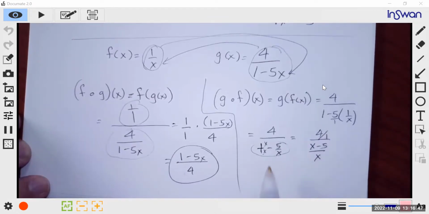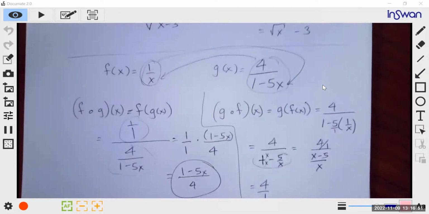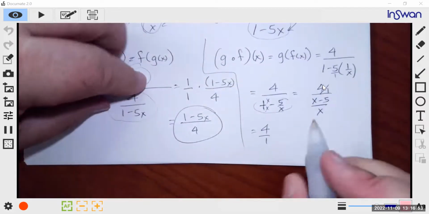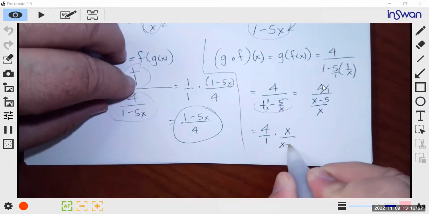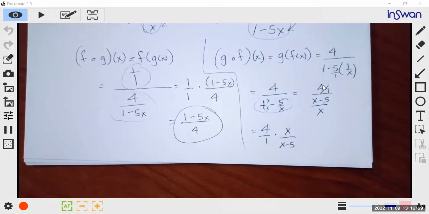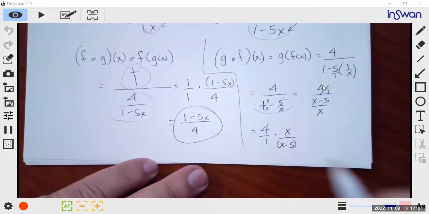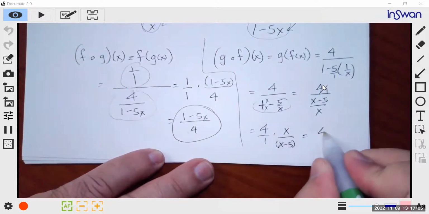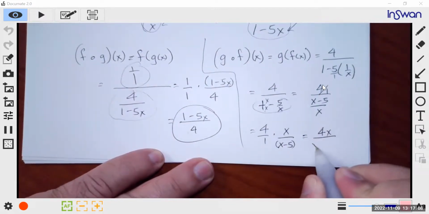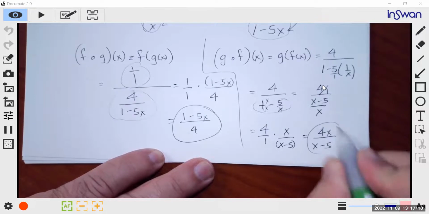4 over 1. So take the top fraction, leave it alone, and multiply it by the flip of the bottom. Nothing cancels. So we multiply. And there's your answer.